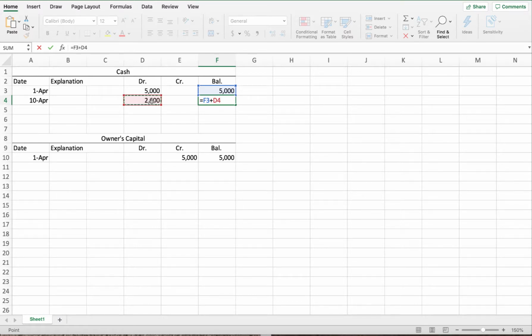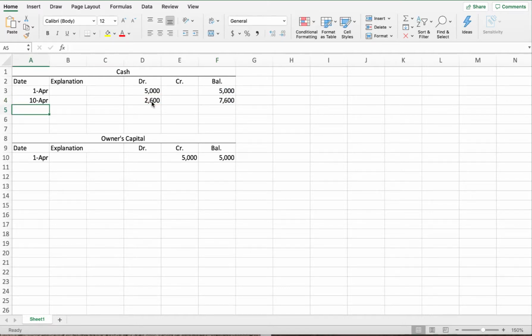If you look in F4, you see F3 plus D4. So basically Excel is automatically going to add to whatever value is in F3 the value that is in D4. We get 7,600. Okay.